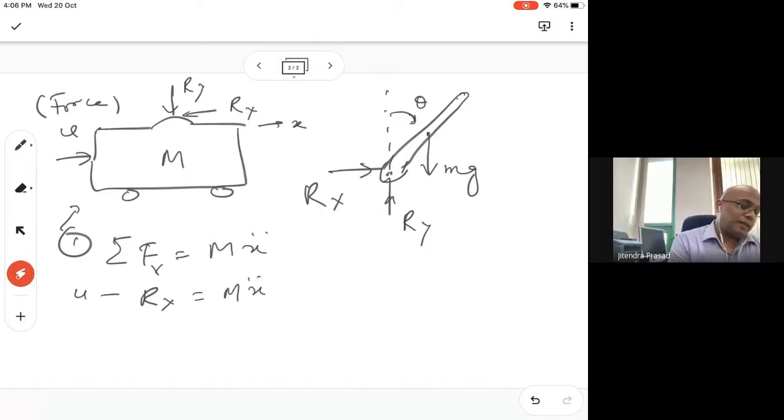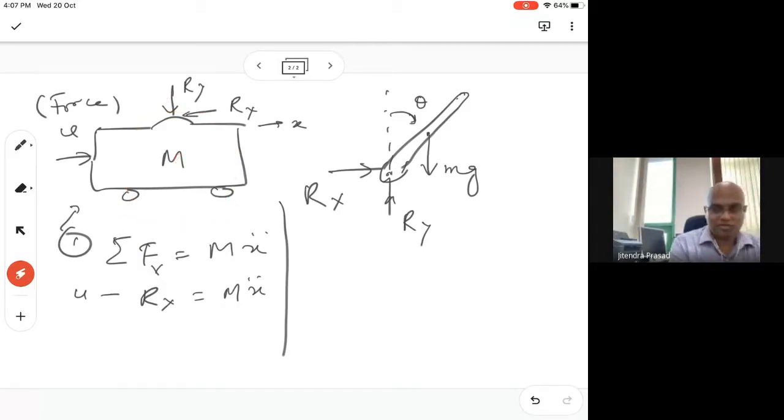Okay, so U minus Rx you get from there. Now this is done. Vertical force we are not bothered about, because this reaction force will be equal to this Ry plus this mg, right? So vertically this will vary accordingly, but we will not use it.